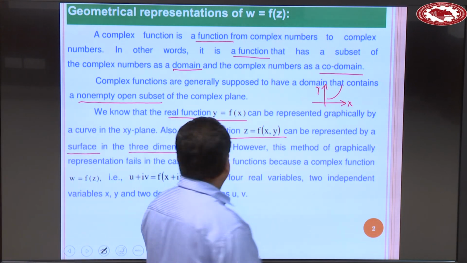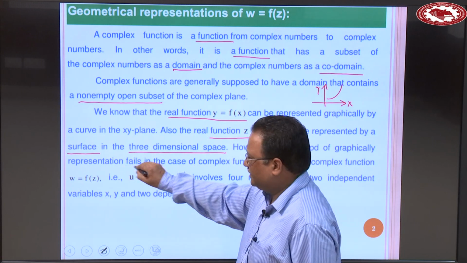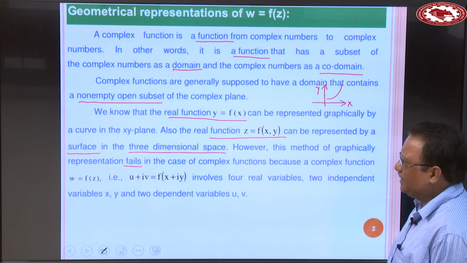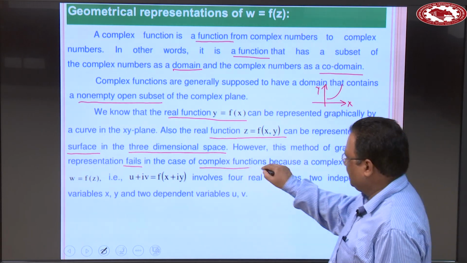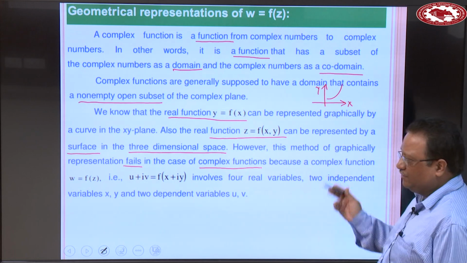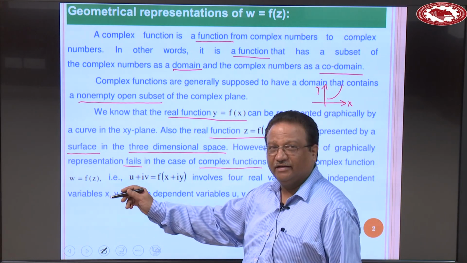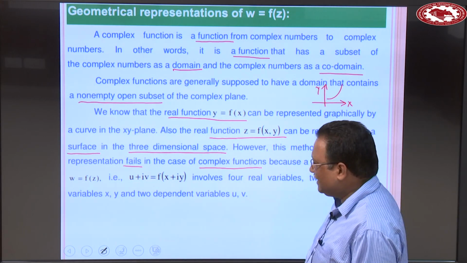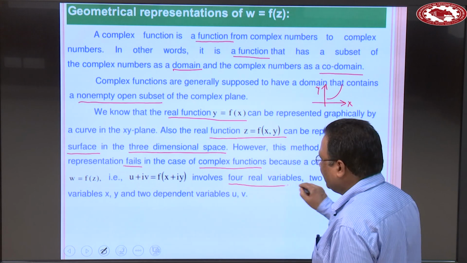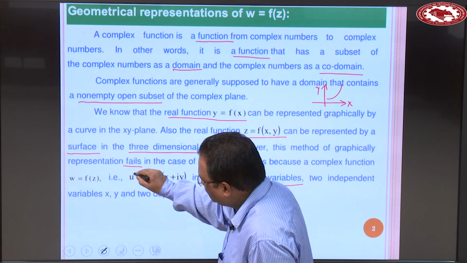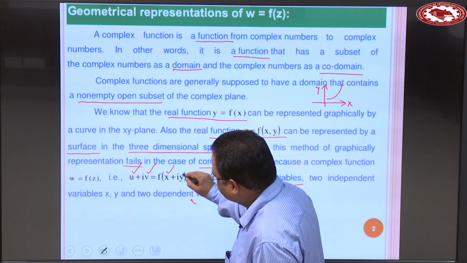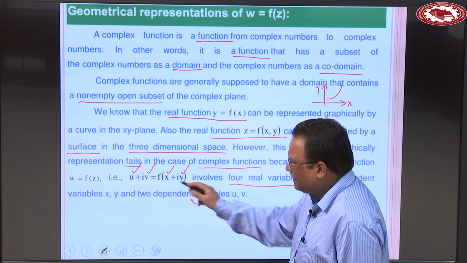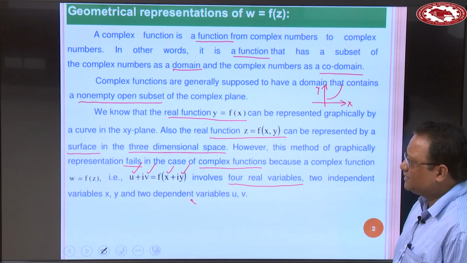However, this method of graphical representation fails in the case of complex functions. The reason is that a complex function w = f(z), that is u + iv = f(x + iy), involves 4 real variables: u, v, x and y. Clear? 4 real variables, with 2 independent variables x and y, and 2 dependent variables u and v.